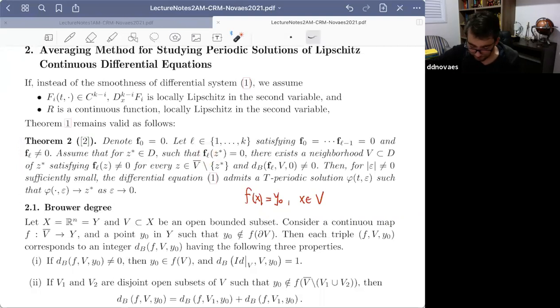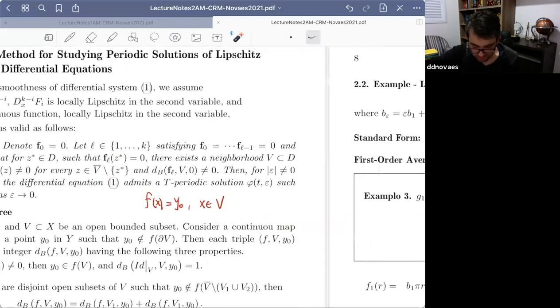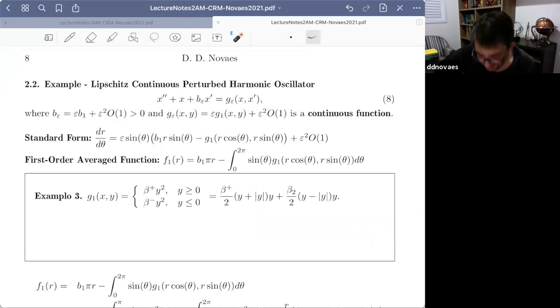So let's go back to the example, but now with a Lipschitz continuous perturbation of these harmonic oscillators of this second order differential equation. So now B is the same we considered before, and G is now assumed to be Lipschitz, just Lipschitz.